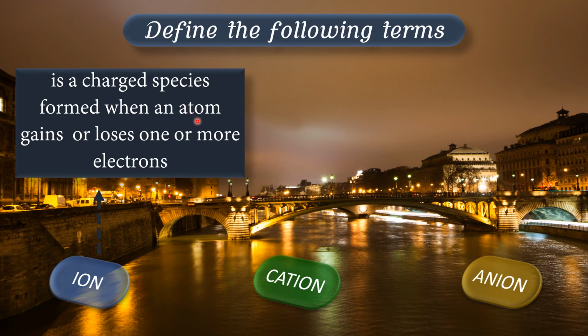So if we have an atom and that atom loses or gains electrons, it becomes a charged species because it acquires either a negative or a positive charge because of the gaining or losing of electrons. Therefore, it is no longer an atom. Now we refer to it as an ion.